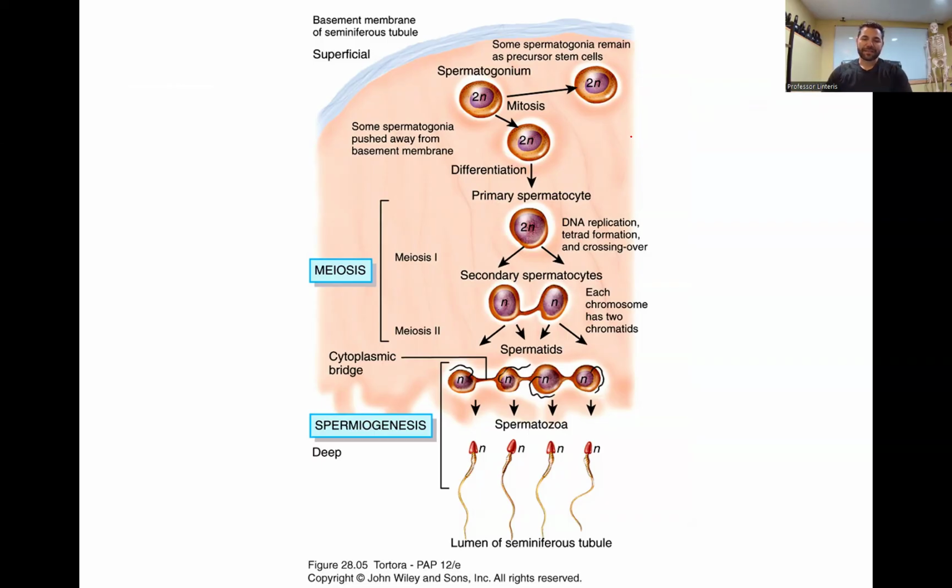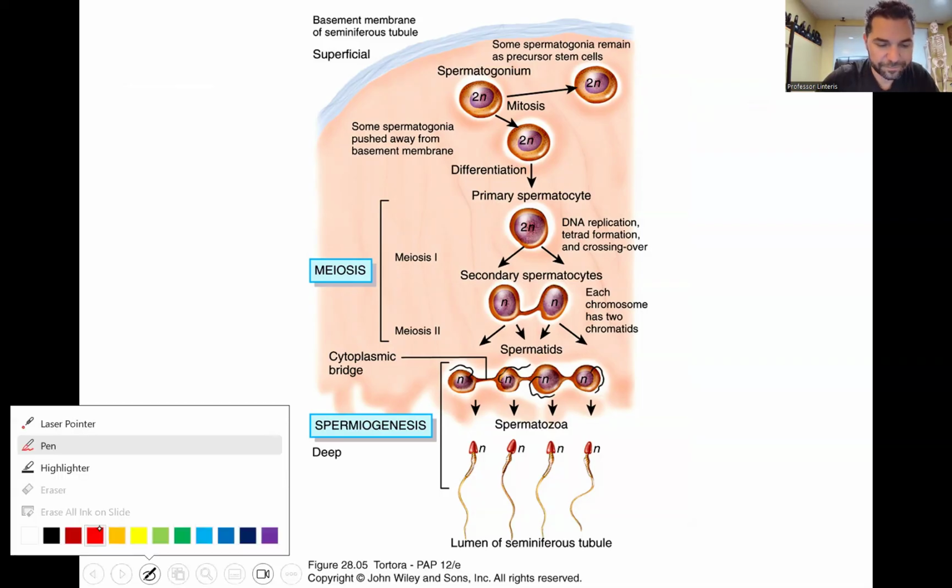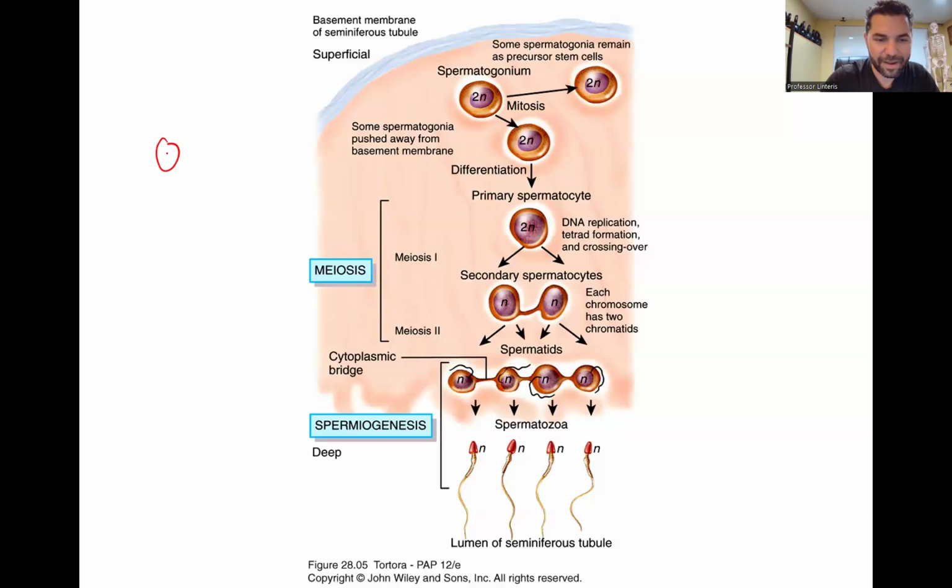This is a process called spermatogenesis. It is important. We will talk a lot about this in lecture. But sperm production, basically what you have is you have one cell that turns to another cell, that turns to other cells, that turns to other cells.